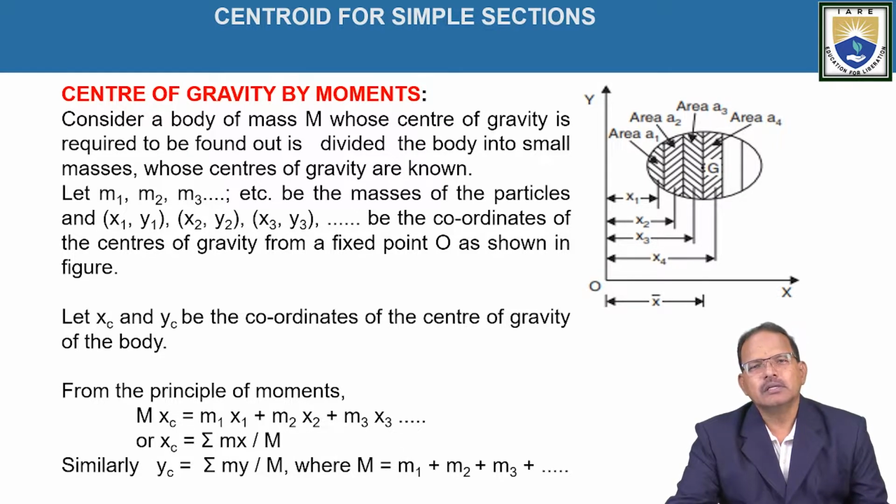But it is laborious work, generally not preferable when compared with the method of moments. Hence, today we are considering the method of moments for determining center of gravity of bodies as well as the centroid of planes.